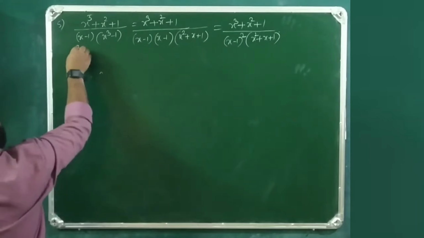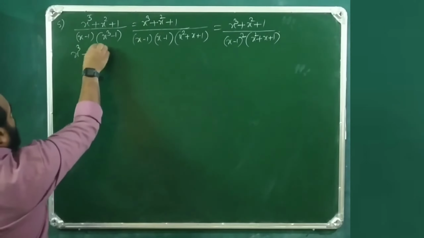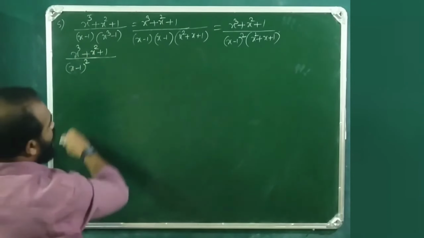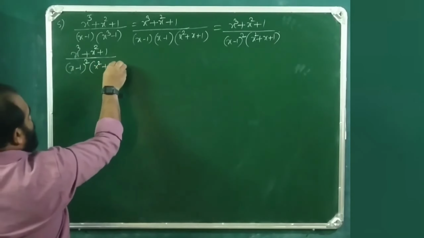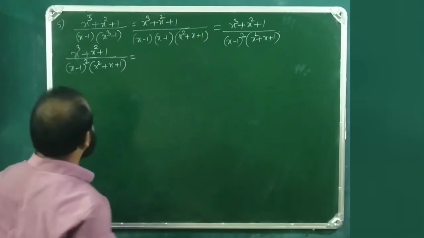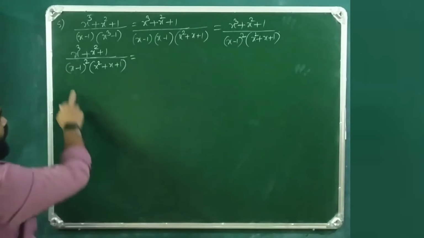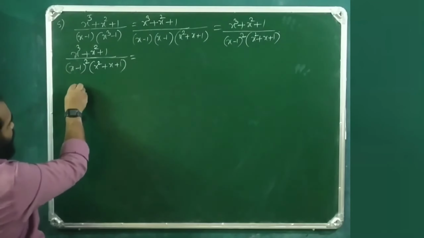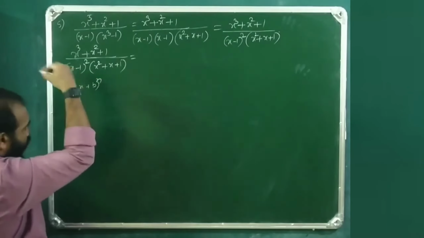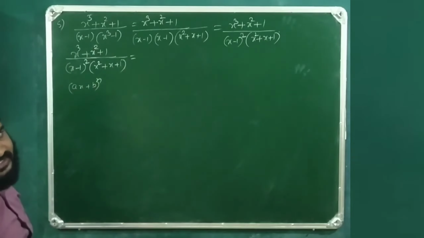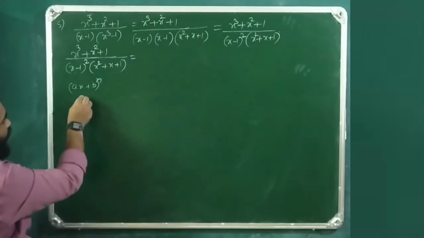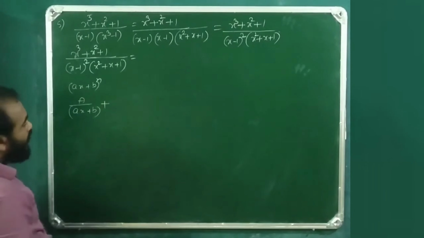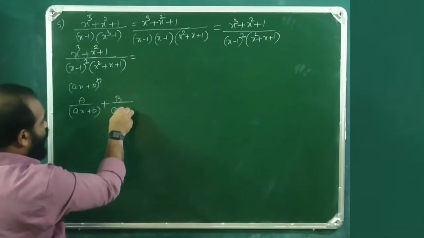So (x cubed plus x square plus 1) by (x minus 1) whole square into (x square plus x plus 1) is equal to... So for every repeated linear factor (ax plus b) whole power n of the denominator, there exist partial fractions of the form A by (ax plus b), B by (ax plus b) whole square.